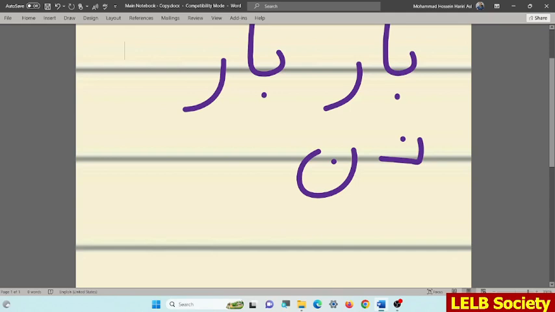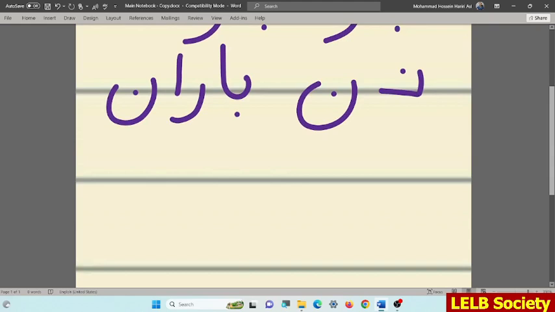You need to know that in order to read and write the sixth word, which is baran, which means rain.